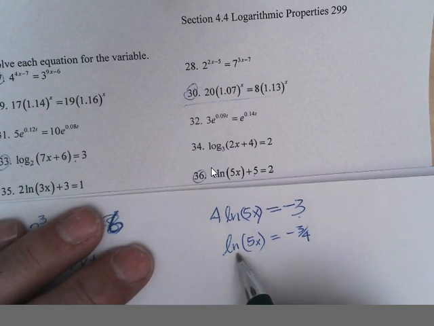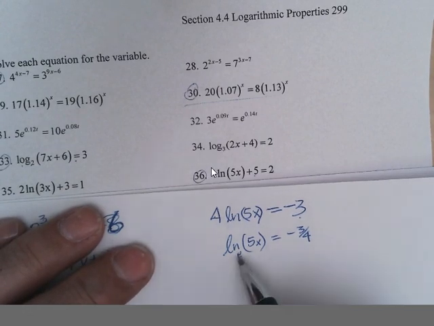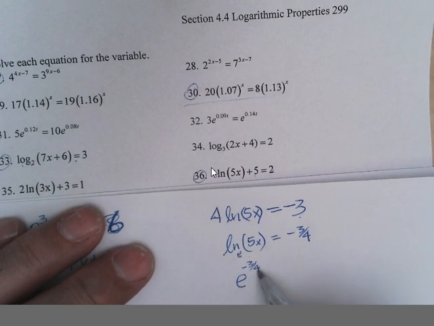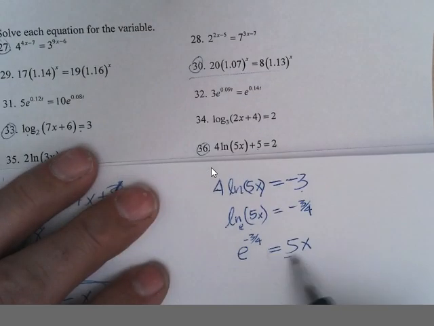And so this is in base e, so I've got to take e to the negative 3/4, changing it to the power. E to this power equals 5x, and then I divide by 5, and I get x is equal to e to the negative 3/4 divided by 5.